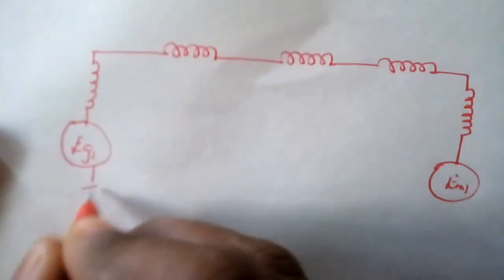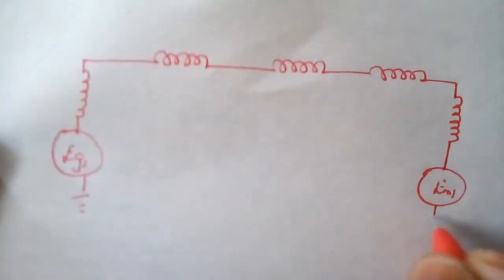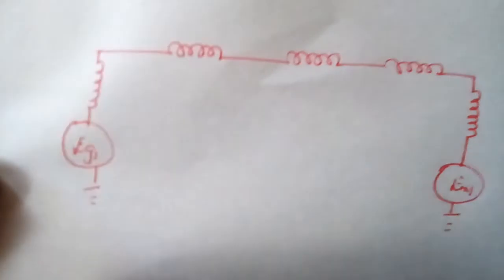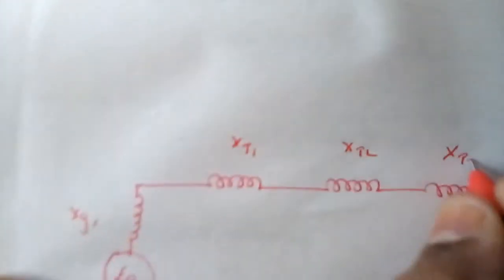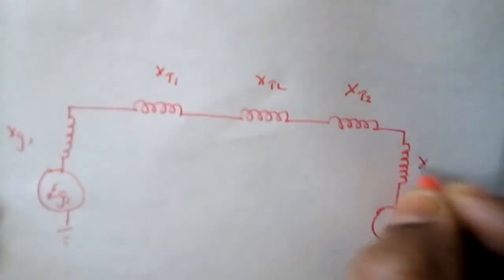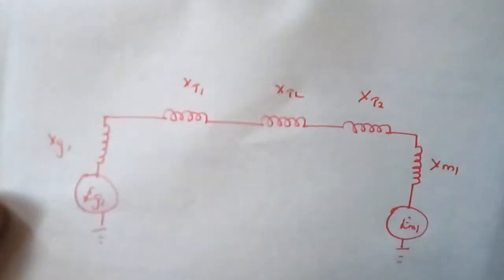Initially this is grounded. So XG1, this is XT1, the transmission line XTL, XT2, and XM1. The motor is this.